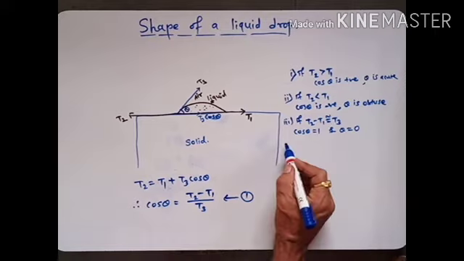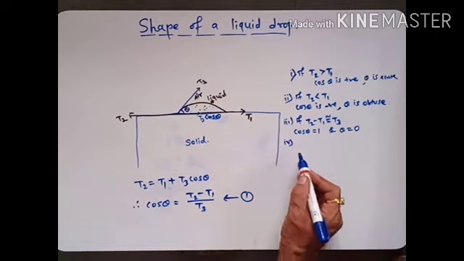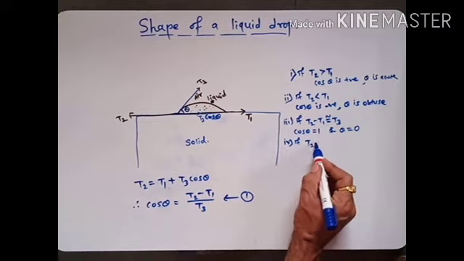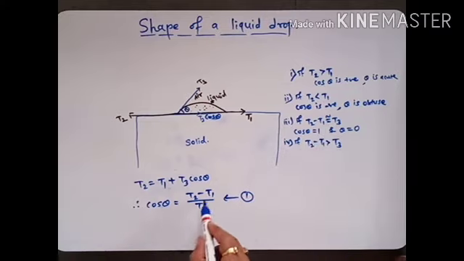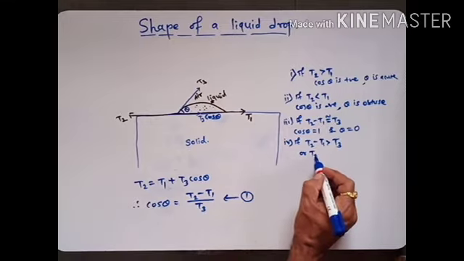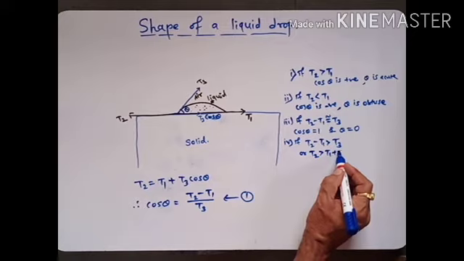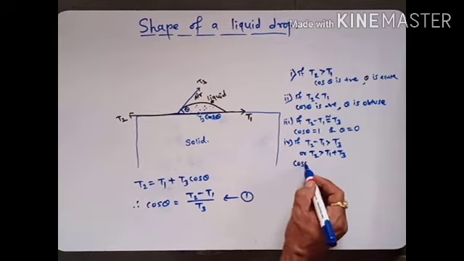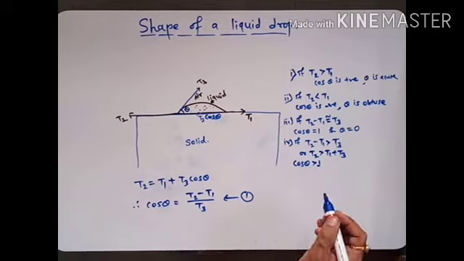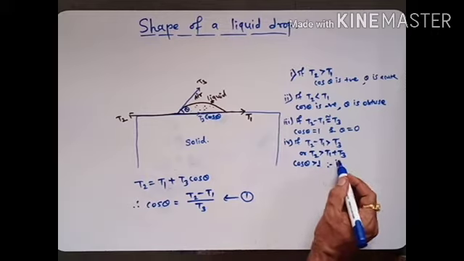And fourth case, if T2 minus T1 is greater than T3, or T2 is greater than T1 plus T3, then cos theta is greater than 1, which is impossible.